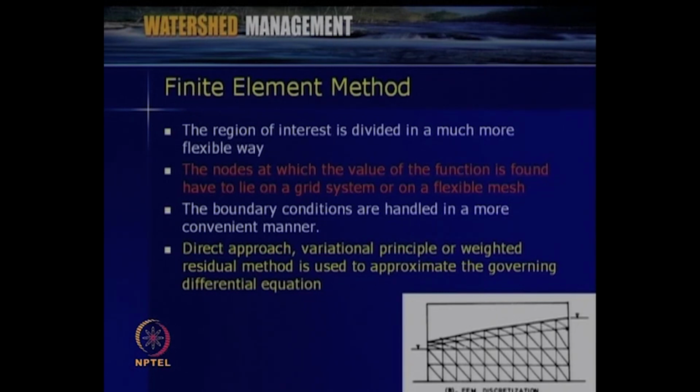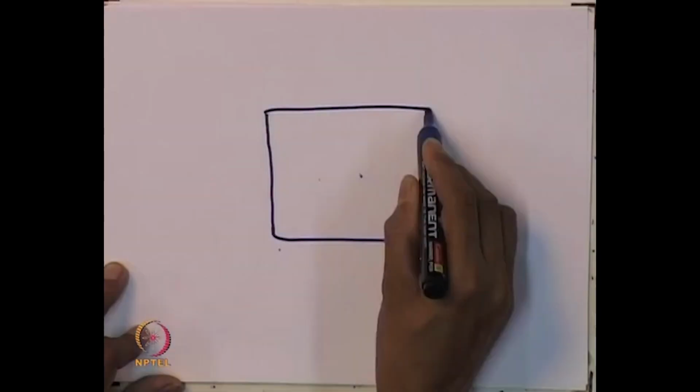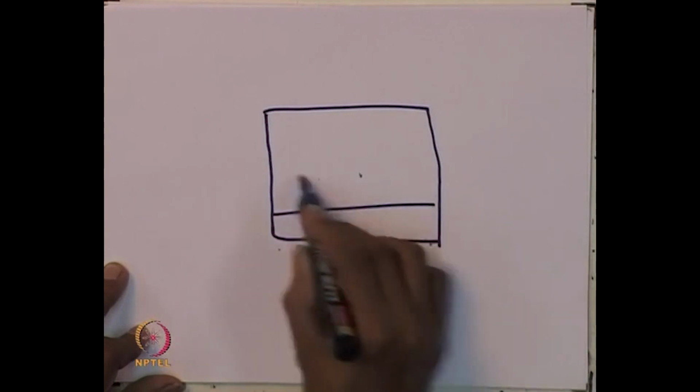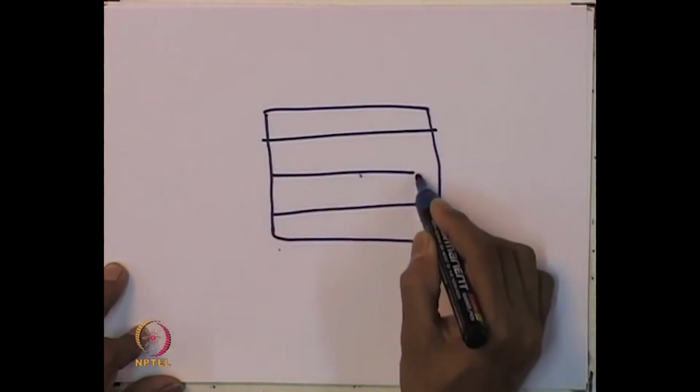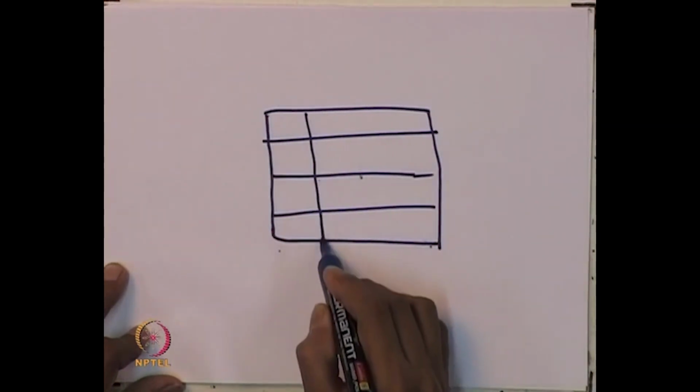Here, various schemes like the direct approach, variational principle or weighted residual approach are available as far as the finite element method is concerned. Now, say for example, if you consider a rectangular domain like this, or an irregular domain, it is much easier to deal with using the finite element method.